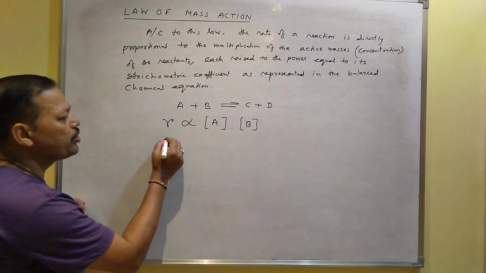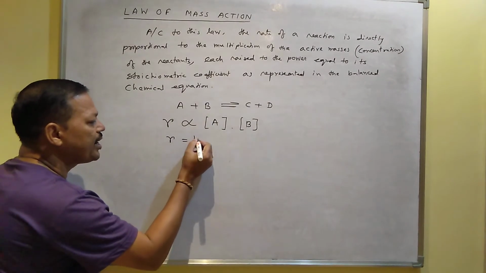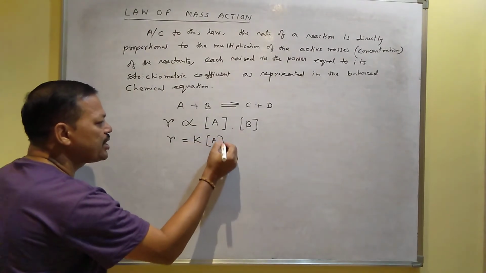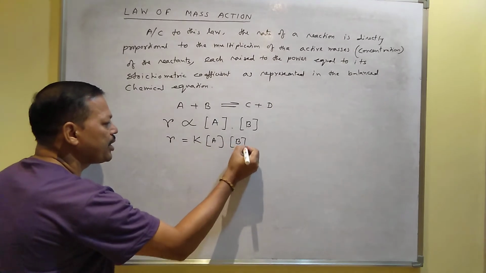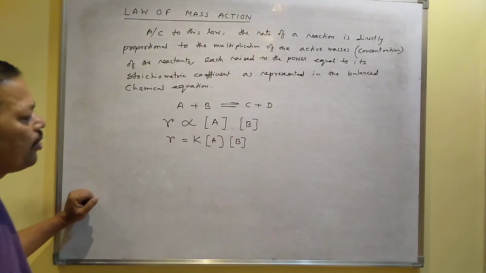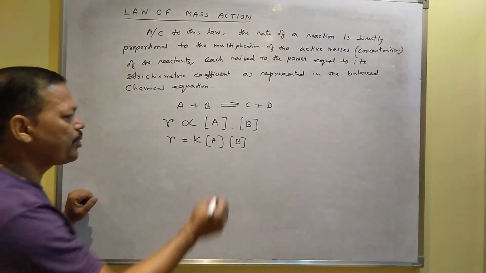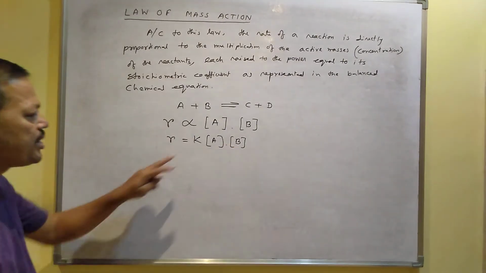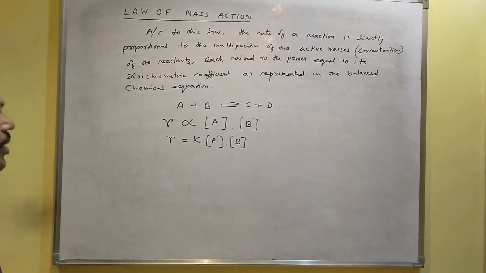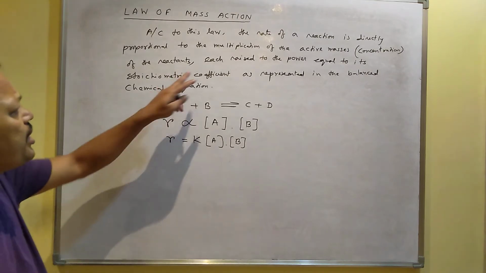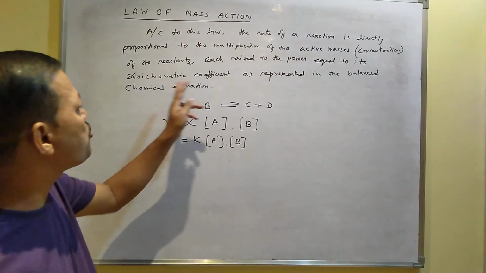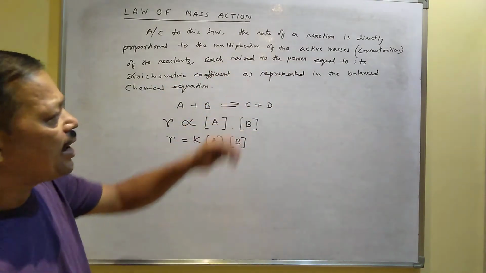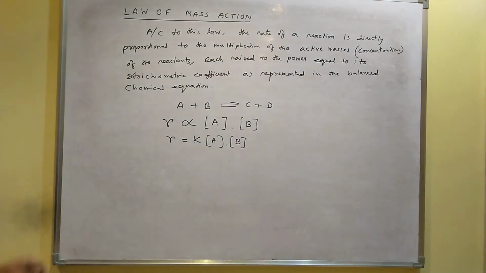And if you want to remove the proportional sign, then a constant will come, and this constant is called the rate constant, K, times the concentration of A times the concentration of B. This K is called the rate constant. Now, it is raised to the power equal to its stoichiometric coefficient as represented in the balanced chemical equation.